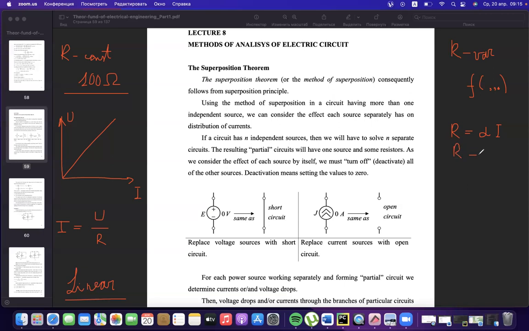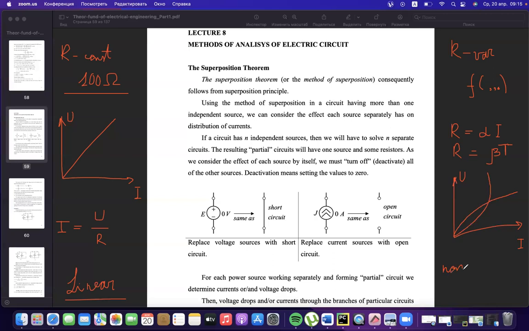Or some function of temperature: some constant multiplied by temperature. The higher the temperature, the higher the resistivity. In this situation, the voltage-current dependence could be some curve, not a straight line.